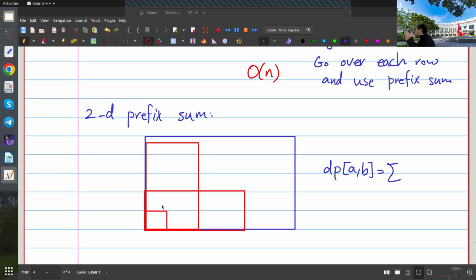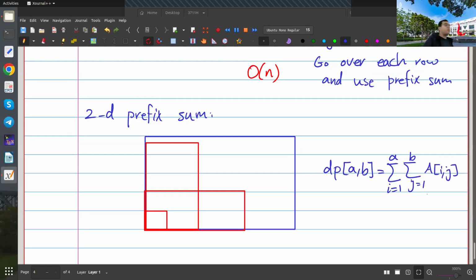Doesn't matter. It works anyway. So I'm going to say dp of AB is the sum of all the elements that are in the first A rows and the first B columns. So sum of i from 1 to A and sum of j from 1 to B of Aij.